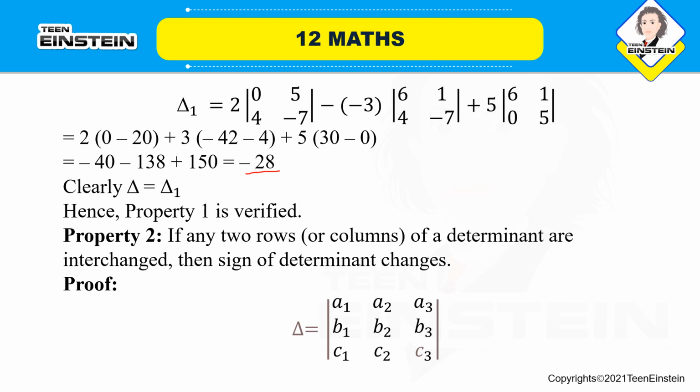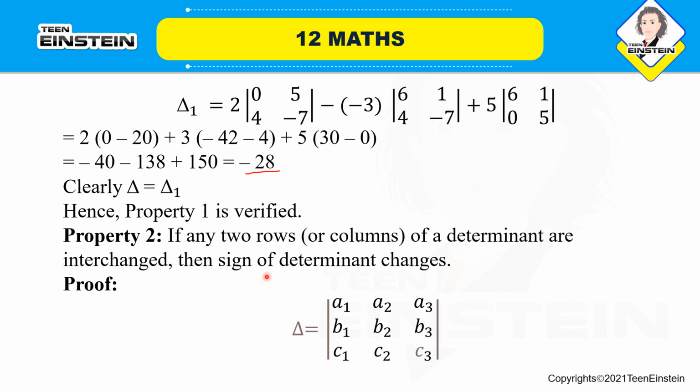So if you interchange any two rows or any two columns of a determinant, then the sign of the determinant changes. There will be a change in the sign, not in the value.